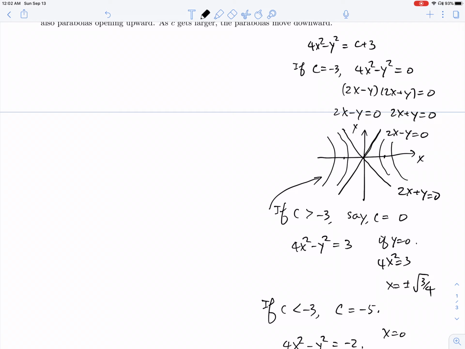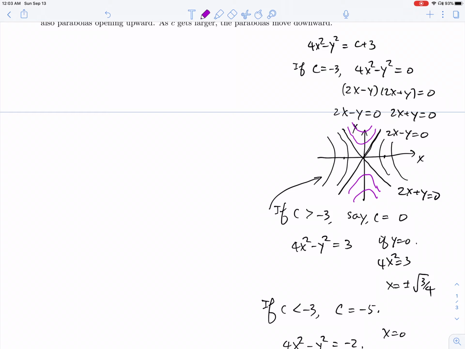Let me use a different color over here to indicate these are different sets. So what we have are these ones, and these ones. Okay. In fact, these are the contours because we are using z values, right? These are the contours of the surface we have.